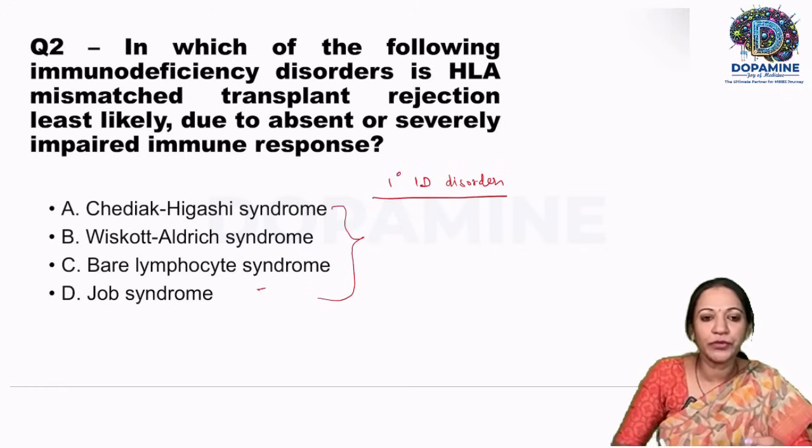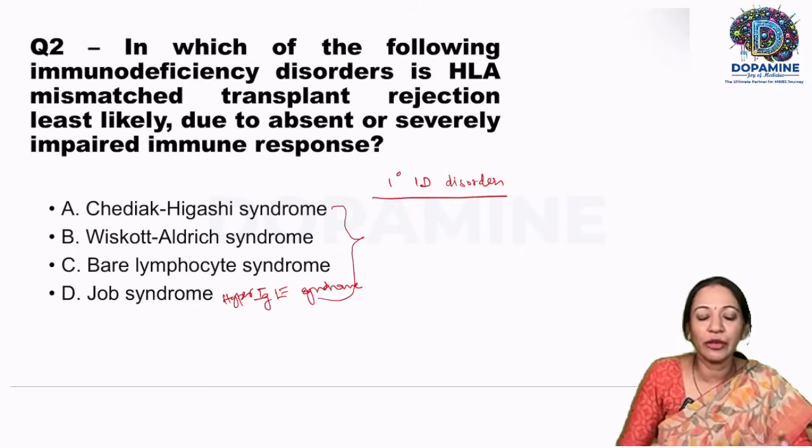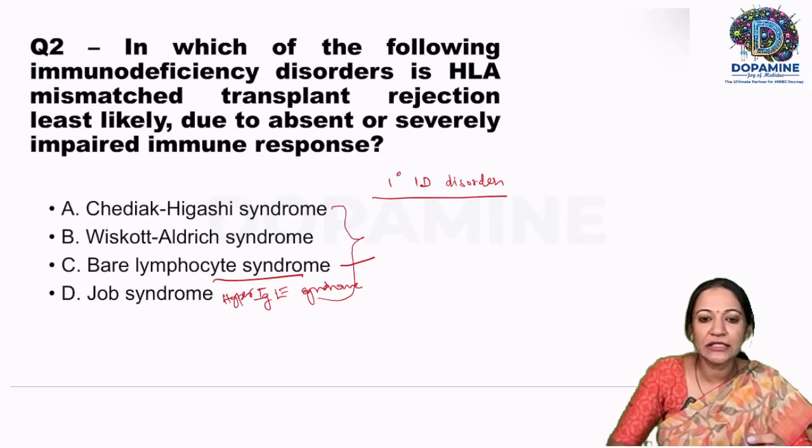So what is this Job syndrome? Hyper IgE is Job syndrome. So the persons will have immunodeficiency. So that is Job syndrome. So what is this Bare lymphocyte syndrome? In Bare lymphocyte syndrome, there are two types, type 1 and type 2. In type 1, HLA1 deficiency will be there.